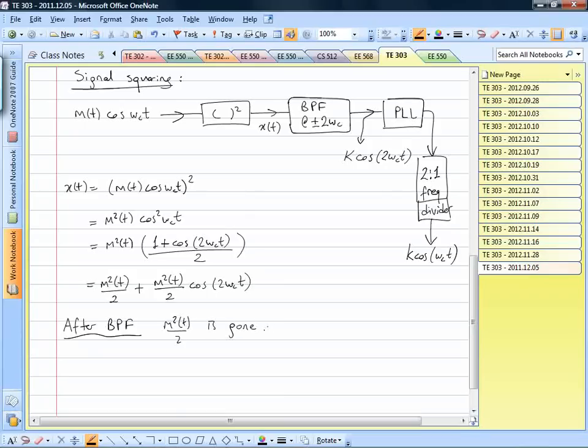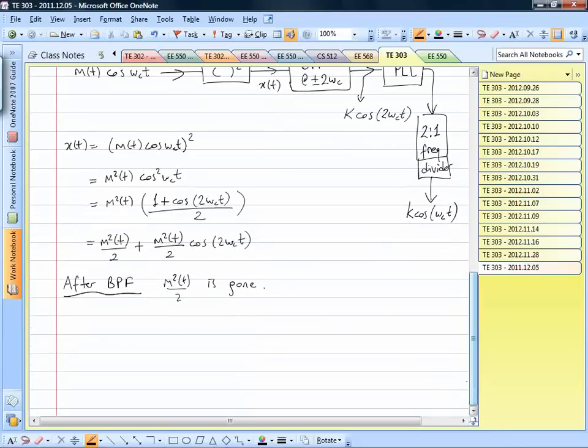Then how about this term? Can we obtain a pure carrier signal from this term? Well, okay, we know that m squared t is always positive. So since m squared t is always positive, the mean value of m squared t, this is like the average value of m squared t, let's call this k, is going to be positive, right?